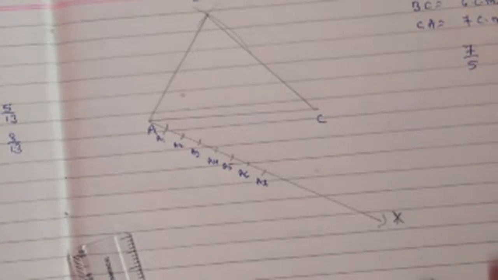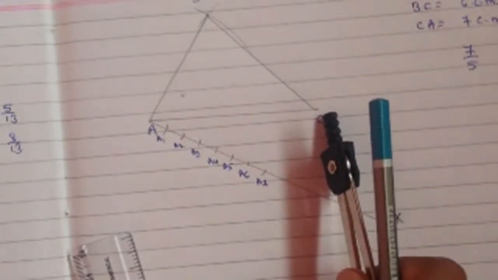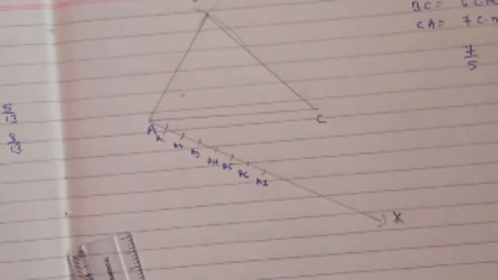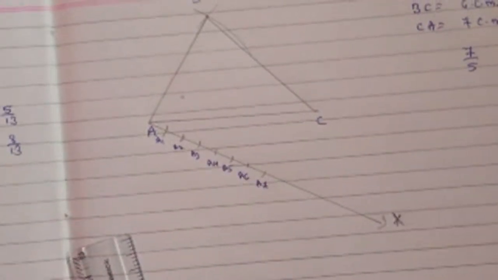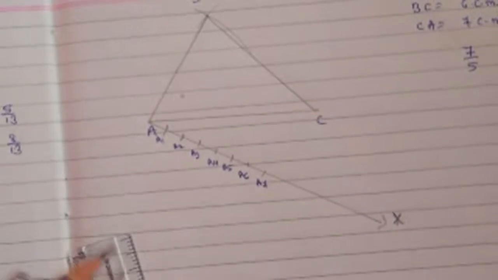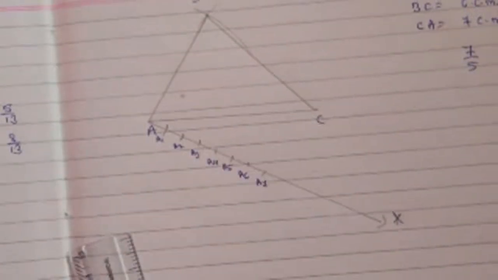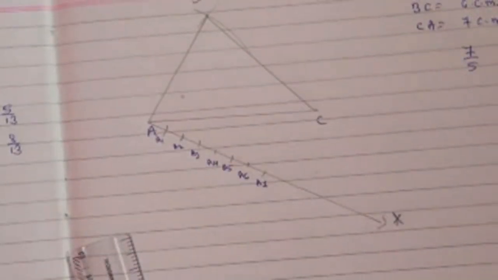Then next, to join point C, which value we have to consider? So the ratio is 7 by 5. And to mark the point C, which value we have to consider? We have to consider 7 or 5.